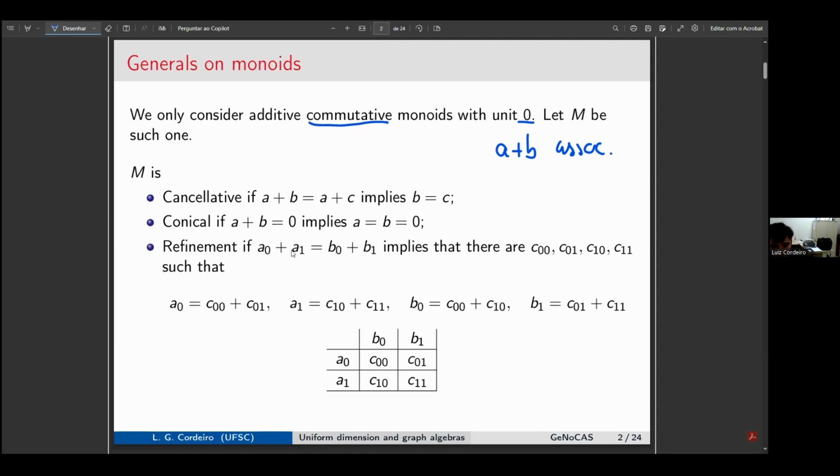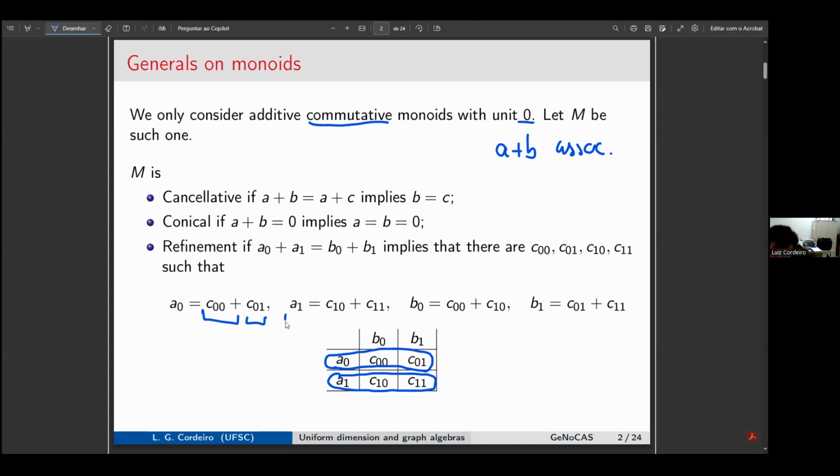Whenever we can write two sums as equal, then we can further decompose the terms of each sum into smaller elements in such a way that they satisfy the decomposition.